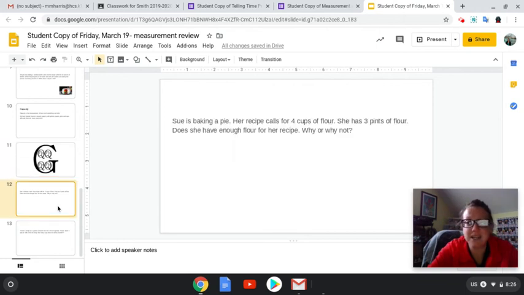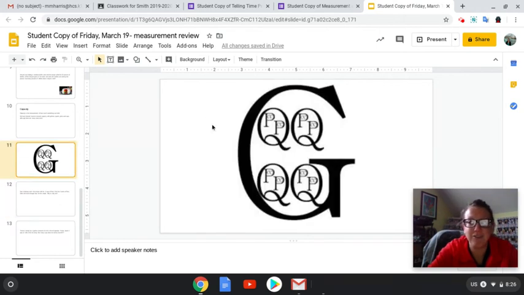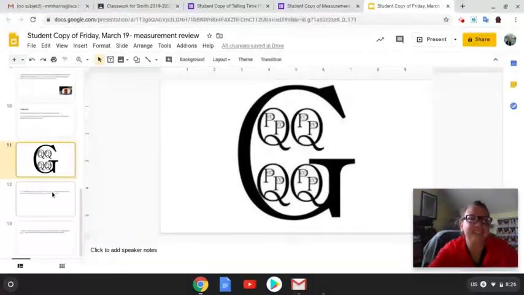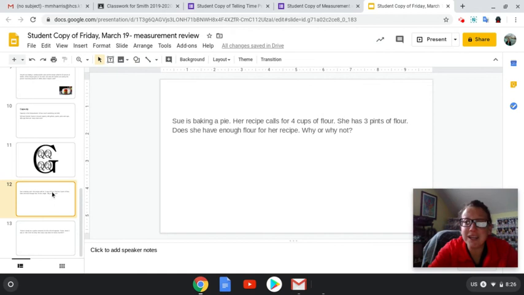And she has 3 pints of flour, so she has 1, 2, 3 pints. Do you see those 4 cups and 2 pints? So if she has 3 pints, does she have enough? Yes, she does. She has enough because 2 pints of flour equals 4 cups. So if she has 3 pints, she has more than enough.